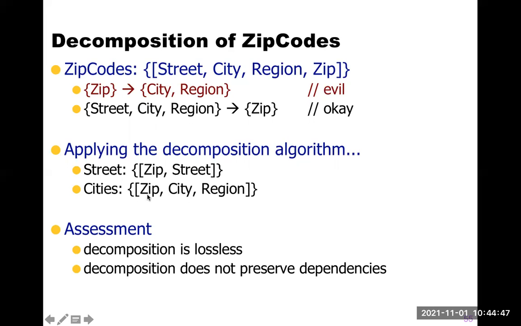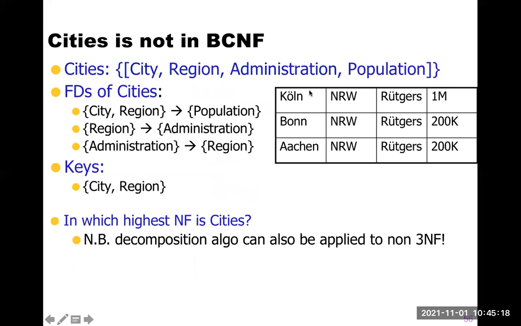So the decomposition is lossless, and the second dependency is not preserved by this decomposition. So the essential idea of Boyce-Codd normal form is to create a distinct table for all the evil functional dependencies, and then remove the right part of the functional dependency from here.